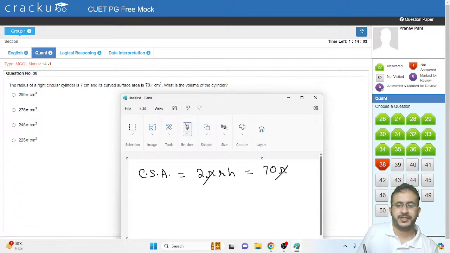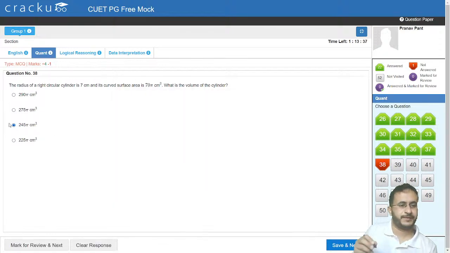Pi gets cancelled. R is 7. Okay, 14. H is 5. So 2 into 7 into 5, 70. So we need to find the volume. Volume is pi r square h. So pi will write as pi only because the answer given is pi. So r square into h. So 49 into 5, 245 pi.